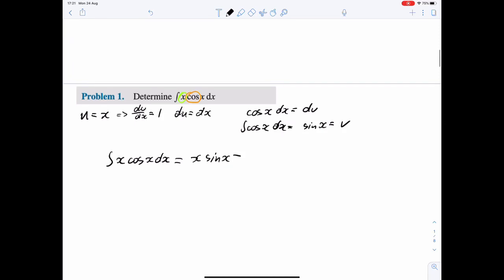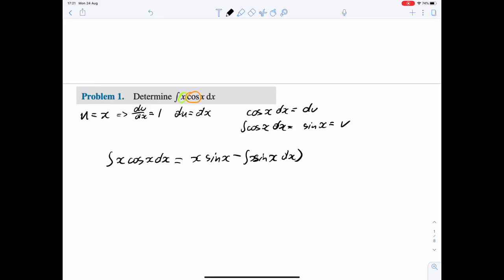the integral of v du, which is the integral of sine x dx.